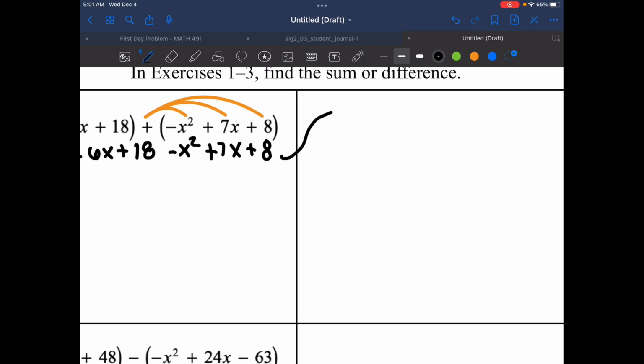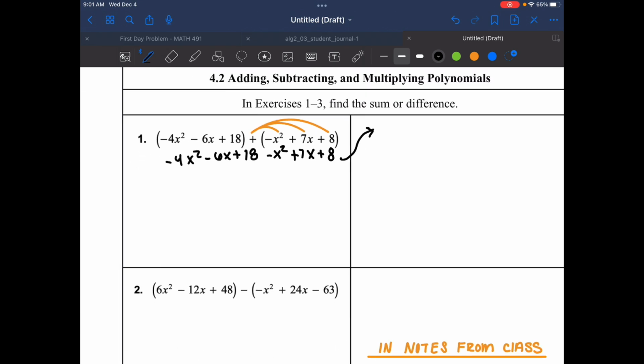Now, I'm going to go ahead and take this, and we're going to simplify our terms. So 4x squared, we're going to start here, do this in green, cross them out. -4x squared and -x squared, those add to be -5x squared. Okay?